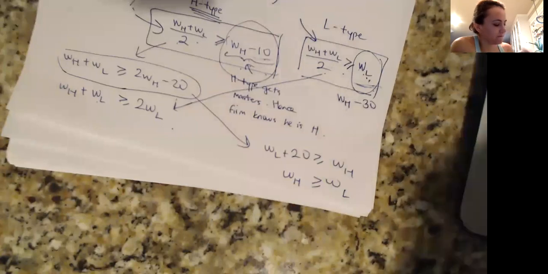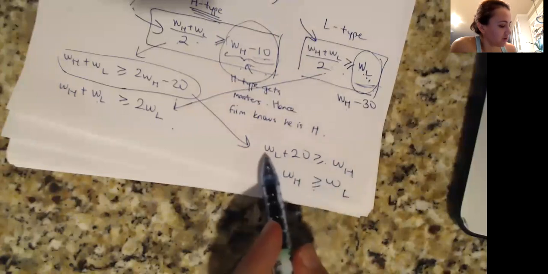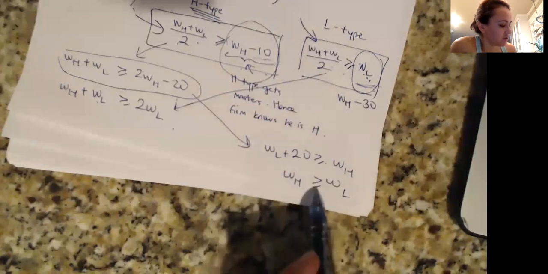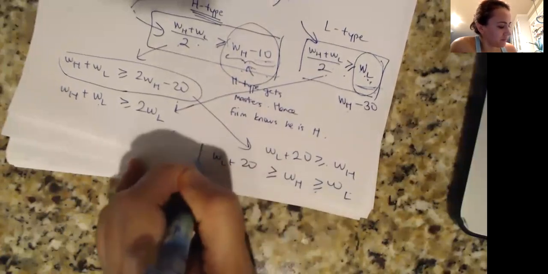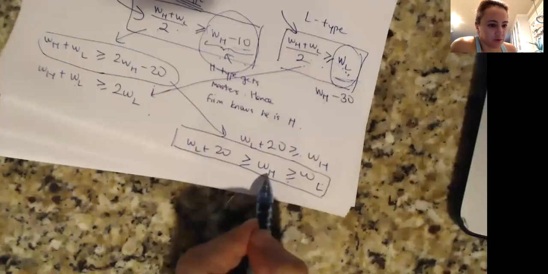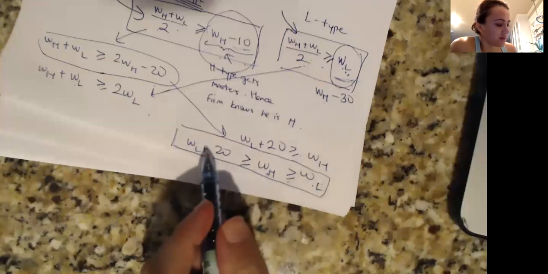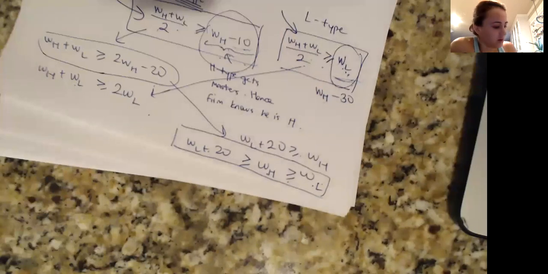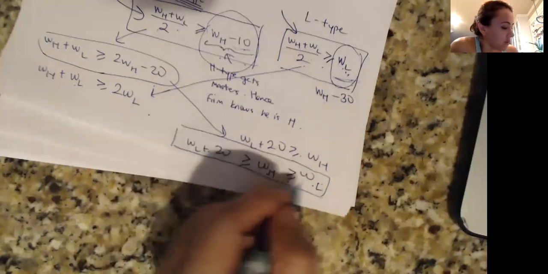Does this make sense? I have two inequalities, and I can create a chain here. So I need to choose a WH which is greater than WL, but less than WL plus 20. There are many possibilities.